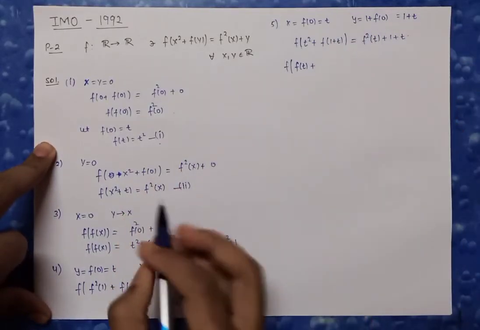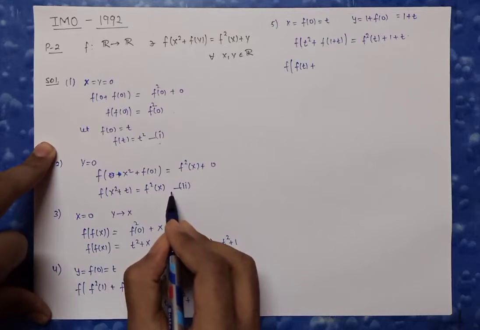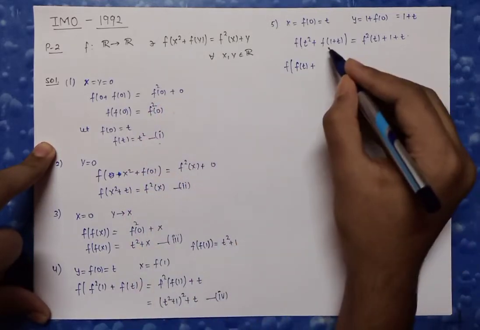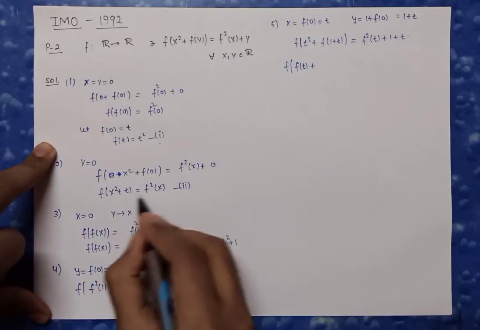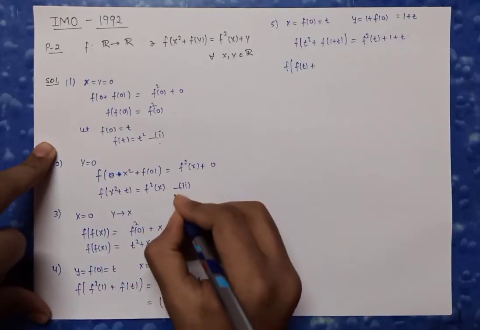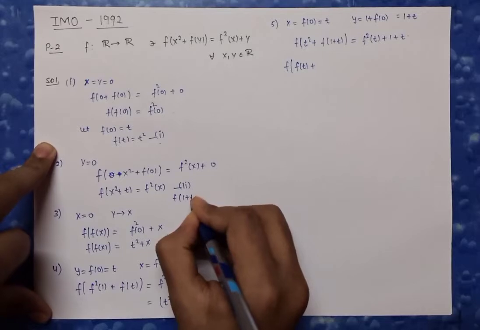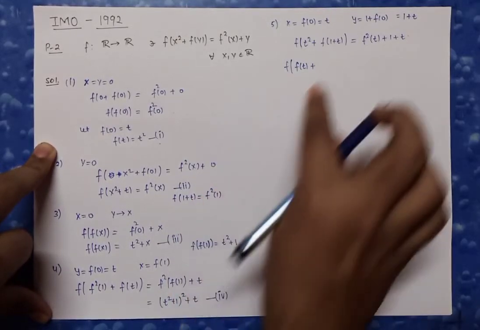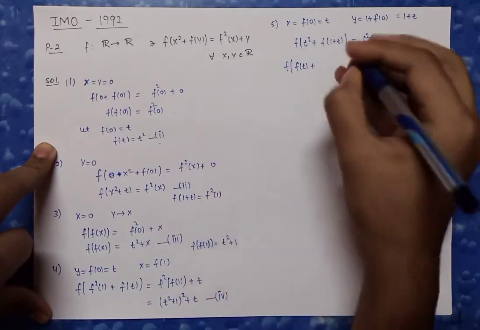If we observe carefully, we can get it from equation number 2. I have written it so neatly such that we can observe it very easily. Now for f of 1 plus t, if I substitute x equals to 1 here, then I am getting 1 plus t equals f square 1. So I can make use of this equation here also.